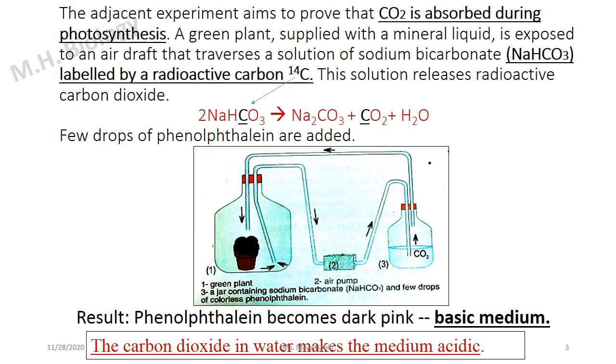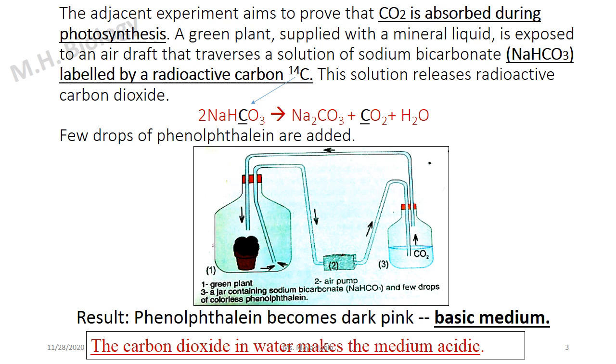The air is pumped into the jar, and traverses the sodium bicarbonate solution. This air, now, carries radioactive carbon dioxide, and is transported to the plant. We want to see if the plant absorbs this carbon dioxide or not, by detecting the change in the pH of the medium. The results in this case are as such.